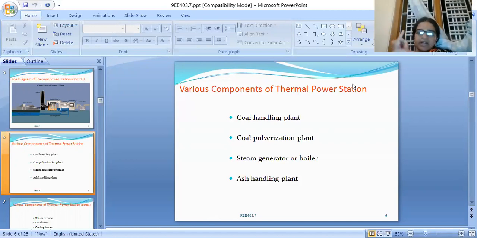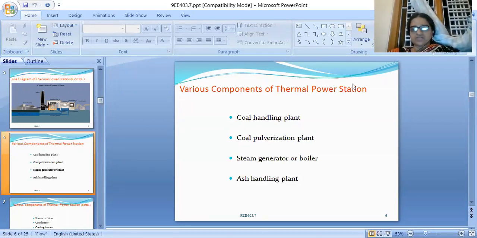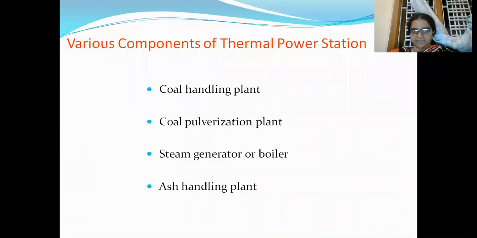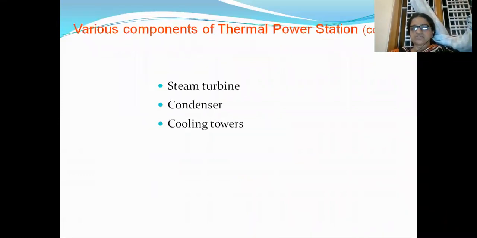There is a coal handling plant, coal pulverization plant, boiler, and ash handling plant. Coming to steam turbine, condenser, cooling towers, feed water heater, superheater.